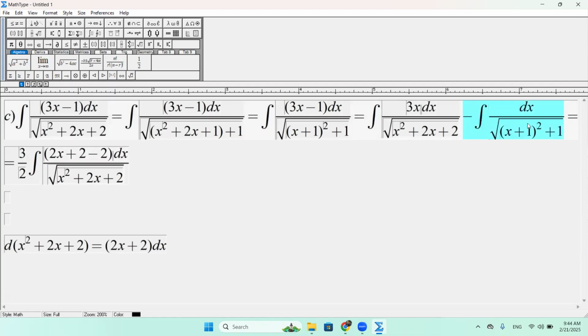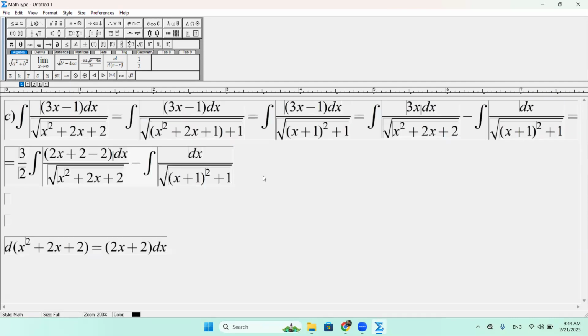And also don't forget about this integral. So what I have, I will move this 2 out of brackets, minus 2 out of brackets. So what will I receive? So 3 over 2.